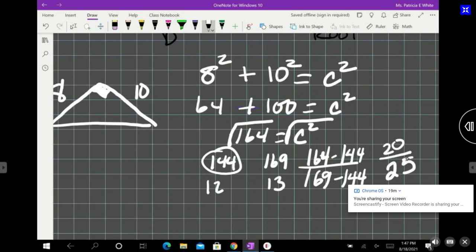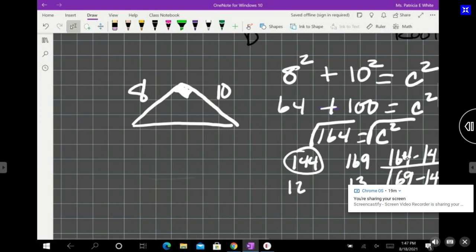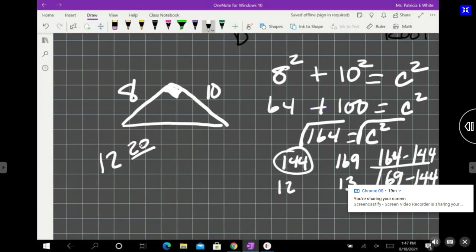So my answer is 12 and 20 over 25. So let me ask you this. Should I turn it in like that? No. 20 over 25. Oh, you can divide. Who goes into both a 20 and a 25? 5. So it should be 12 and what's 20 divided by 5? 4. And 25 divided by 5? 12 and 4.